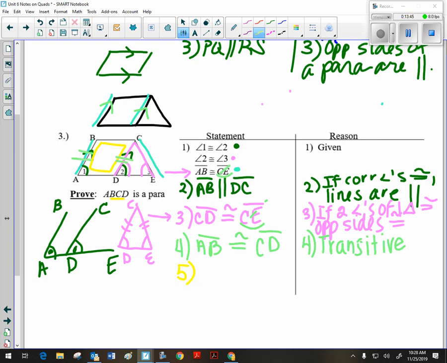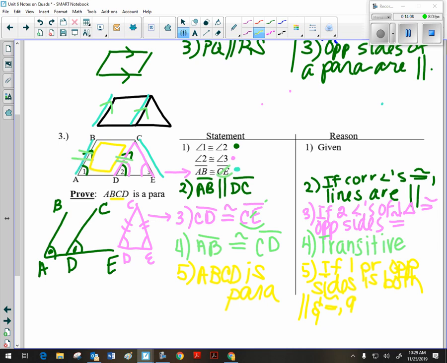So I'm going to put that in here. ABCD is a parallelogram because if one pair of opposite sides is both parallel and congruent, the quad is a parallelogram.